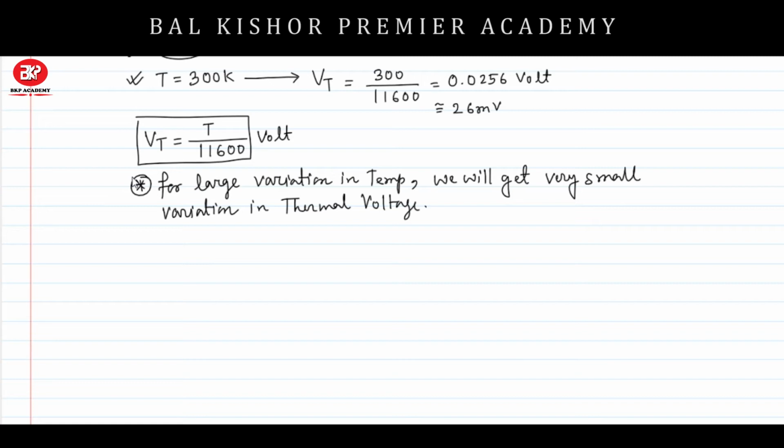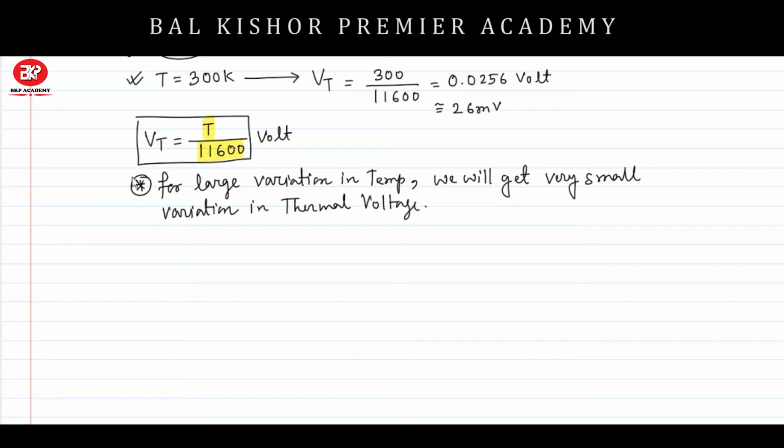because capital T is divided by a large number, that is 11,600, and this 11,600 is a very huge number.